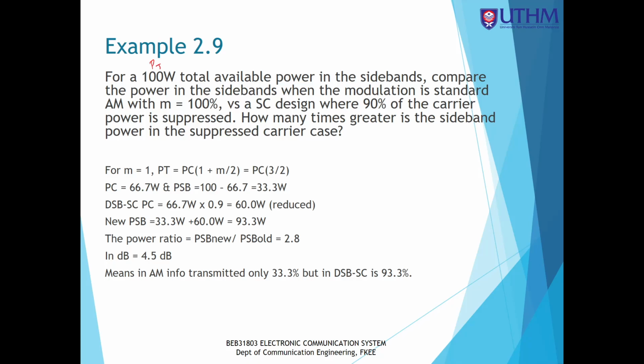Compare the power in the sidebands when the modulation is standard AM, which is double sideband full carrier with modulation index 100%, the ideal case, with double sideband suppressed carrier, where 90% of the carrier component has been suppressed.